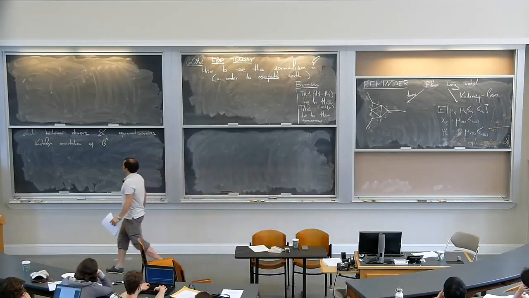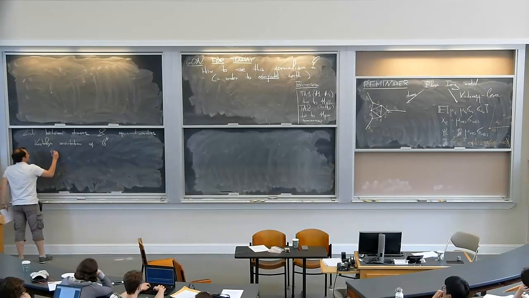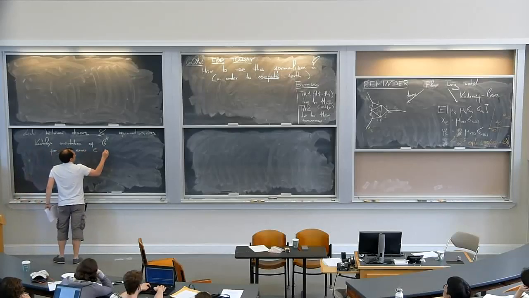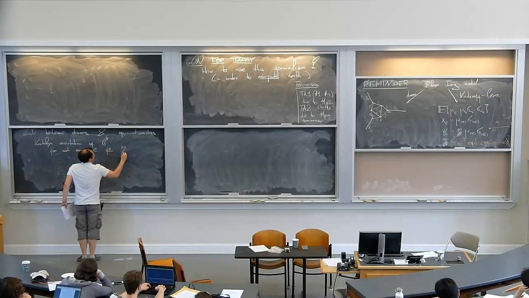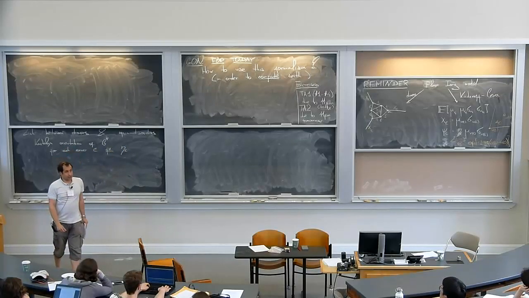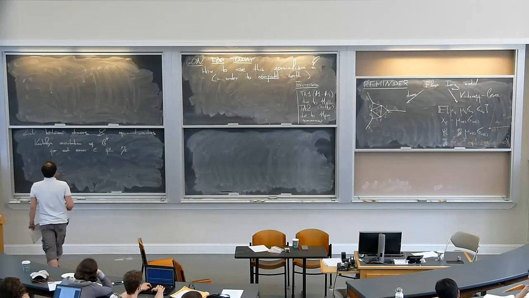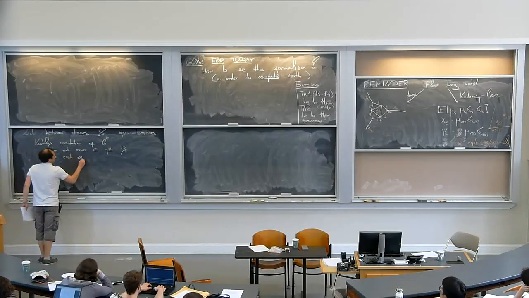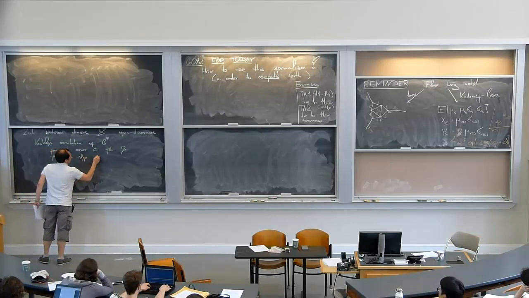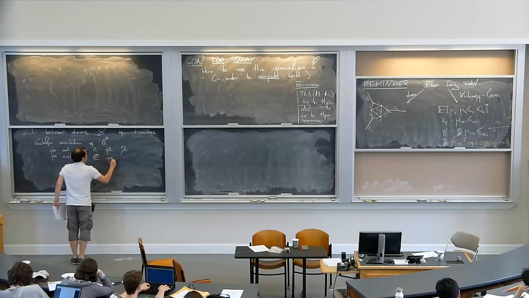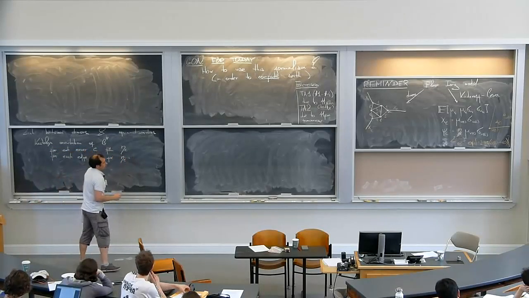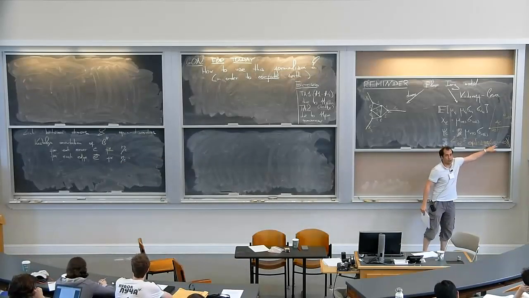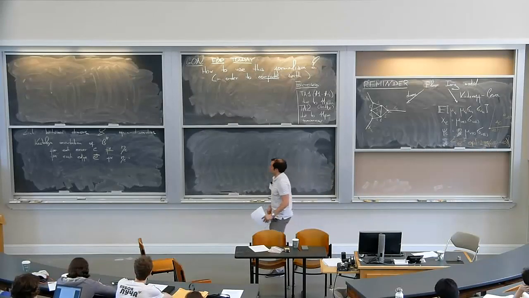So fix omega C for each corner, and do the same with oriented edges. For each oriented edge, fix exactly the same expression, where instead of v minus u, I use the direction of the edge itself.